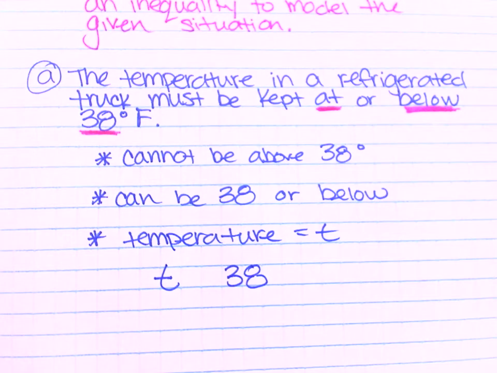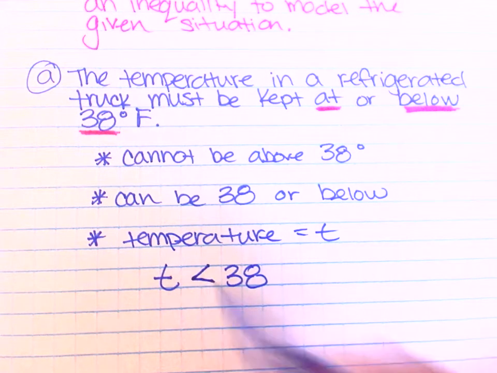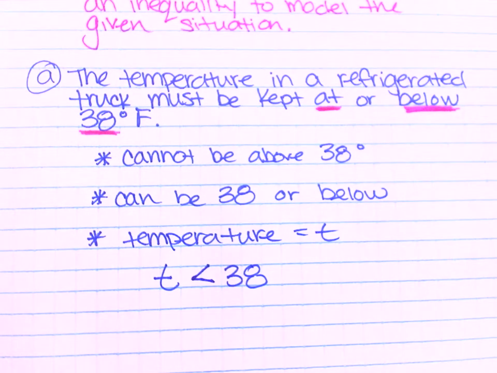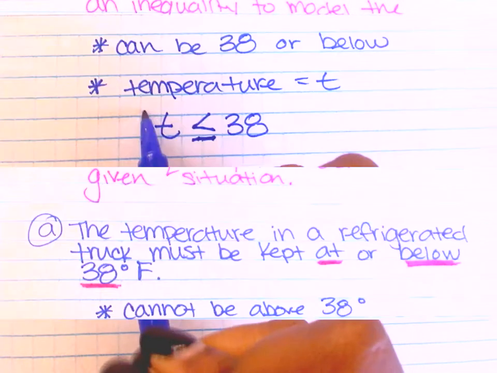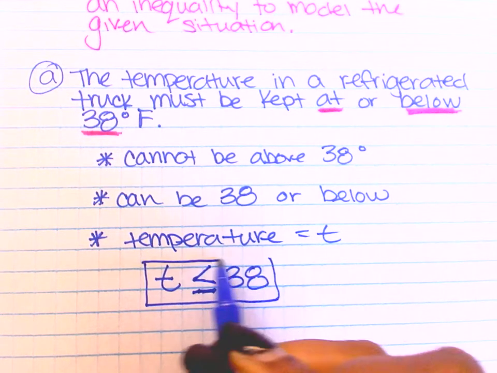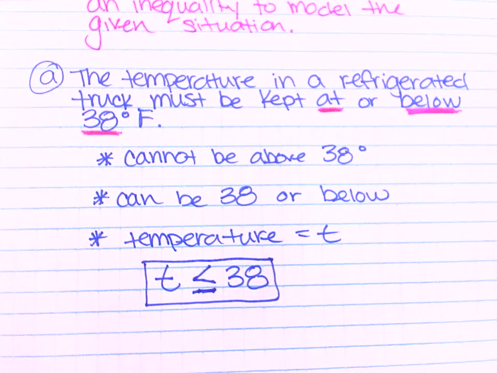It cannot be above, it has to be below, so I know it's going to be less than. But it says it can be at 38, that's or equal to. So then I write my equal to sign. And that's it. So you just have to look at the word problem, identify your number, identify which way the sign's going to go, and see if it's going to be or equal to. One more, and then we're good.